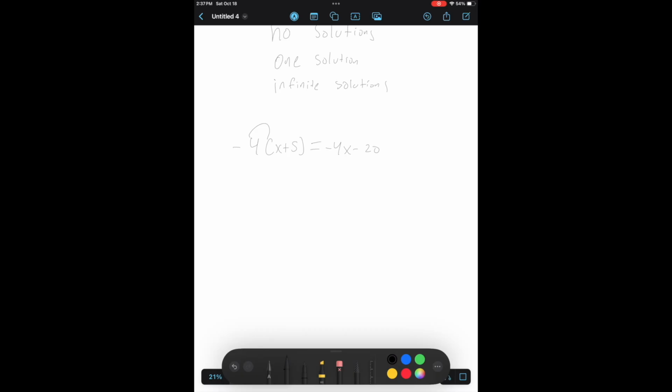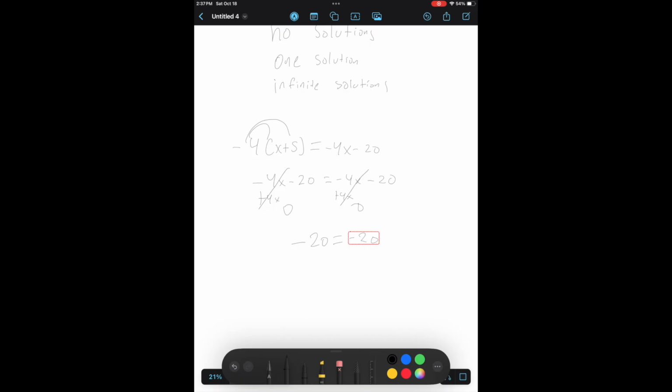So, distribute. Now, let's say I add 4x to both sides. This becomes 0, this becomes 0, right? And I get this. So what does this mean?